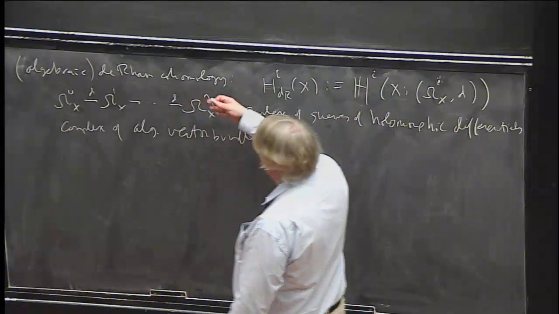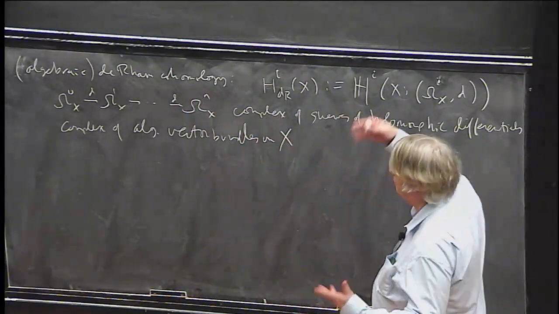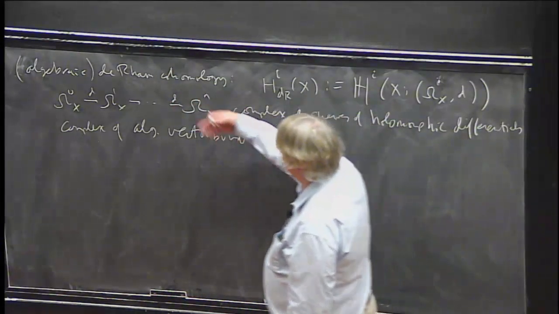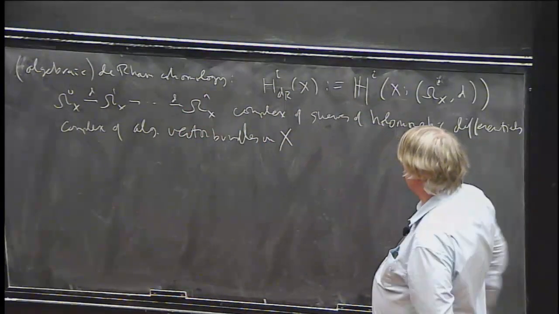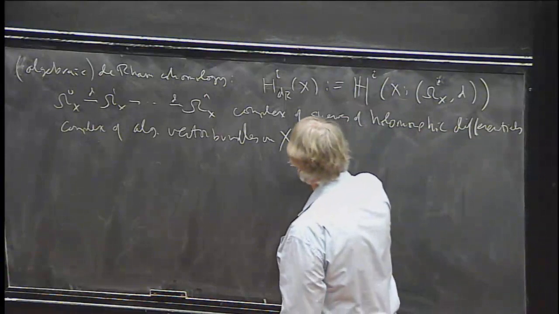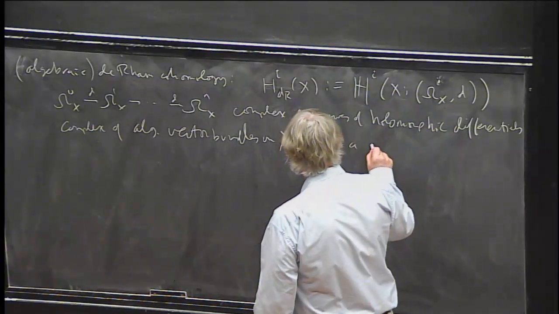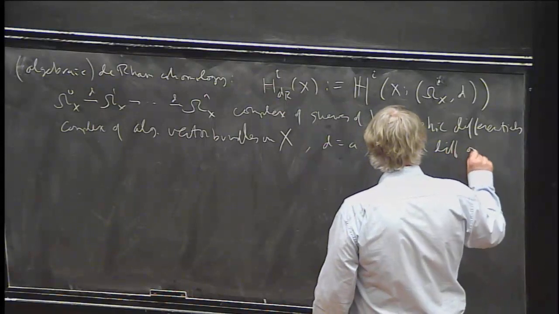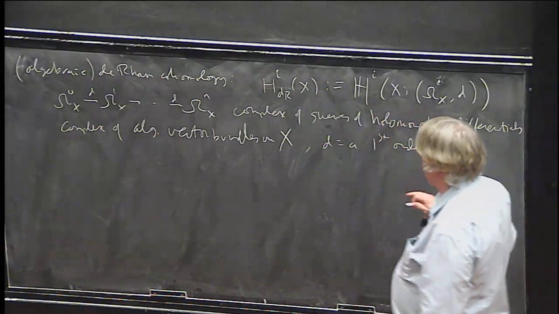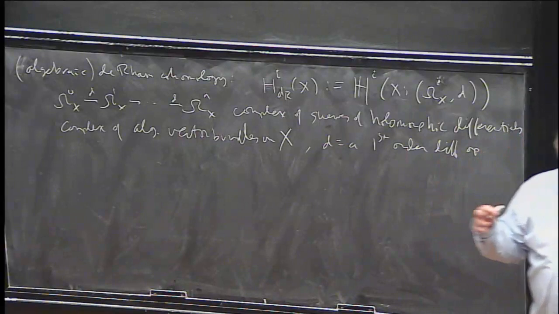The sheaf of holomorphic forms is the locally free sheaf of holomorphic things associated to these algebraic vector bundles, and d is a differential operator. You can make sense of what this means in the world of algebraic vector bundles.